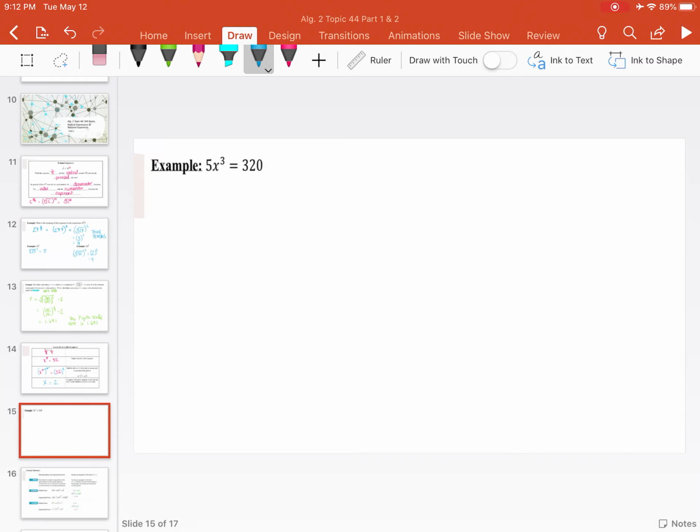Let's go to our next example. 5x cubed equals 320. What we're first going to do is divide both sides by 5 and get x cubed. 320 divided by 5 is 64.